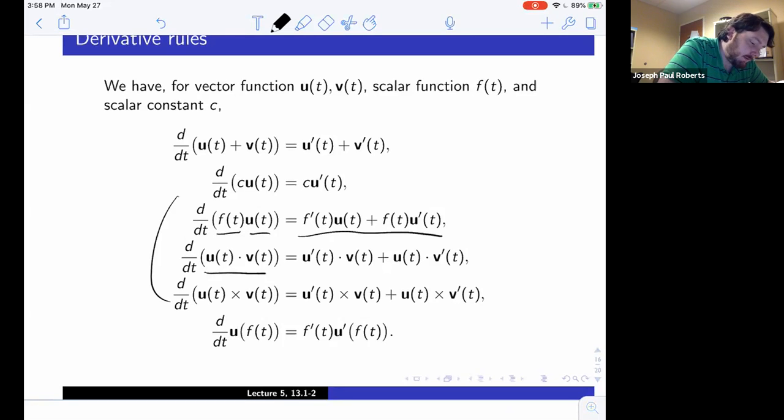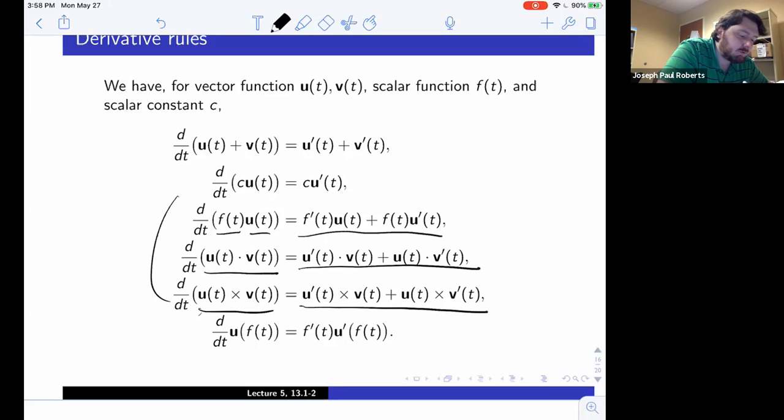And yeah, I can dot product two vector functions together, and I get a similar kind of product rule that you would expect. I can cross two vector functions together, and get a similar type of product rule as you would expect.